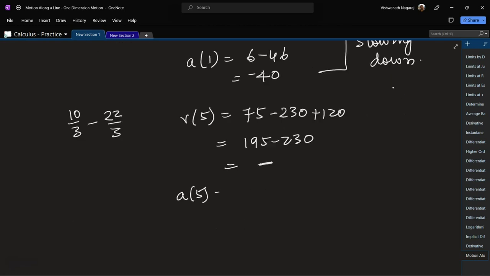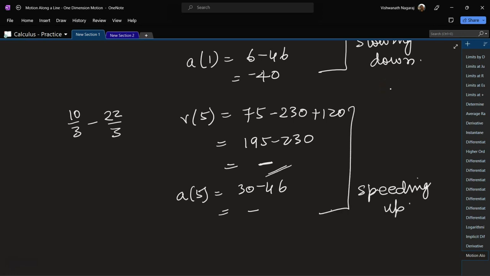A of 5 is 6 fives, 30, minus 46, which is again a negative number. Since both are negative, speeding up. Since the velocity is negative, it is going to the left.